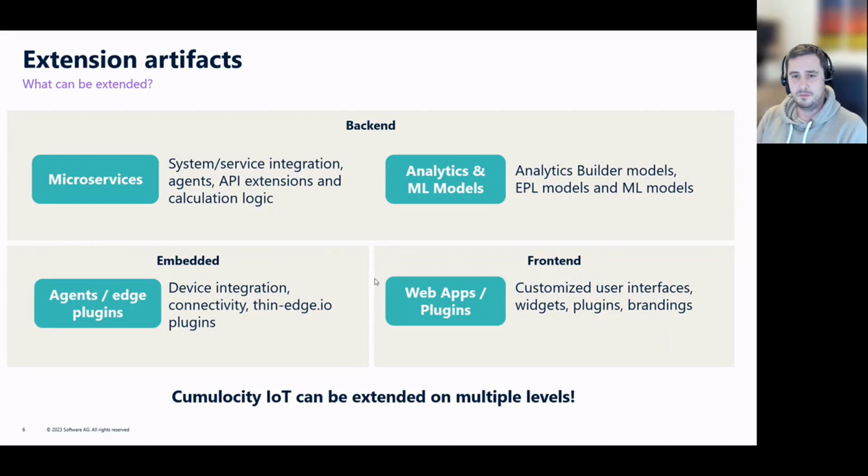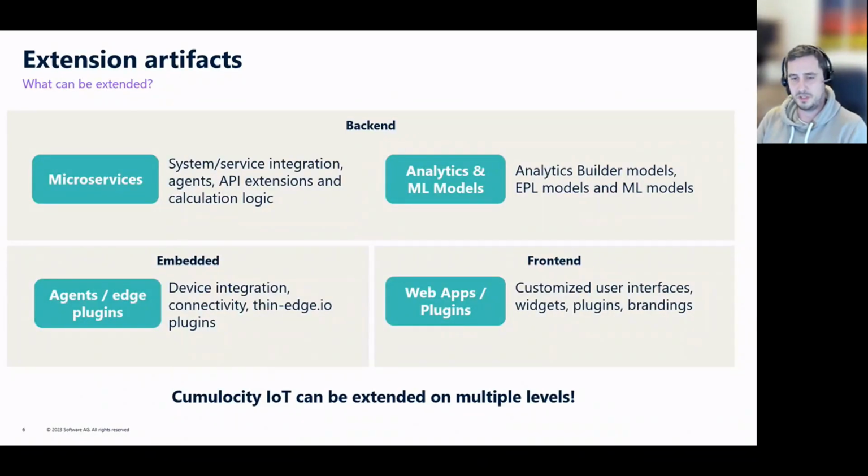And then we have the area of front end, where users actually see the Cumulocity IoT platform, where we have custom brandings of the existing applications. Of course, you can have fully newly designed front ends. You can have widgets or plugins embedded in your existing dashboards to extend them with new visualizations of the data.